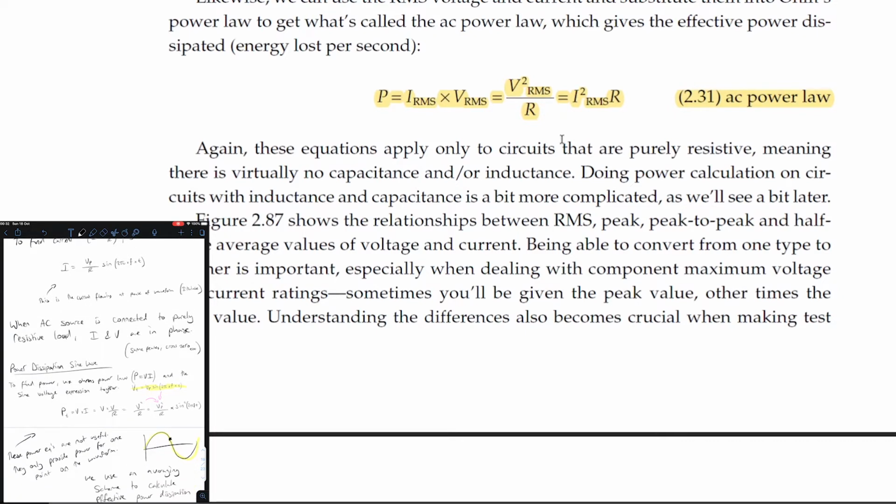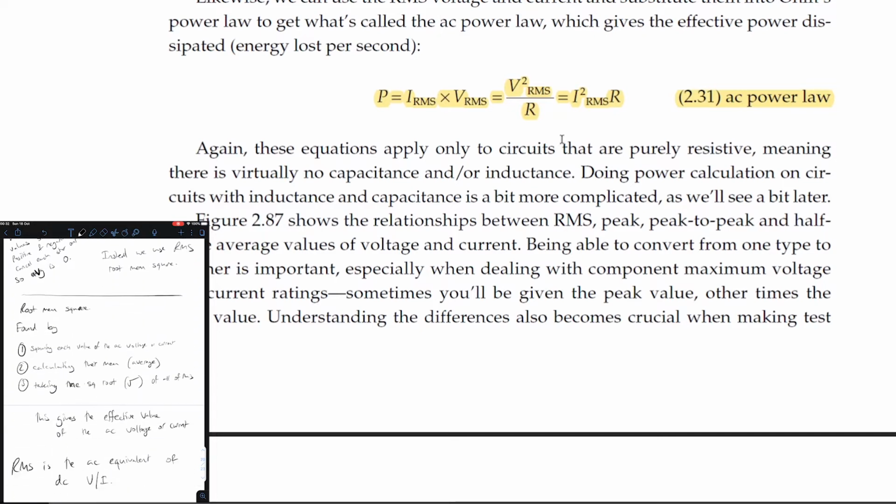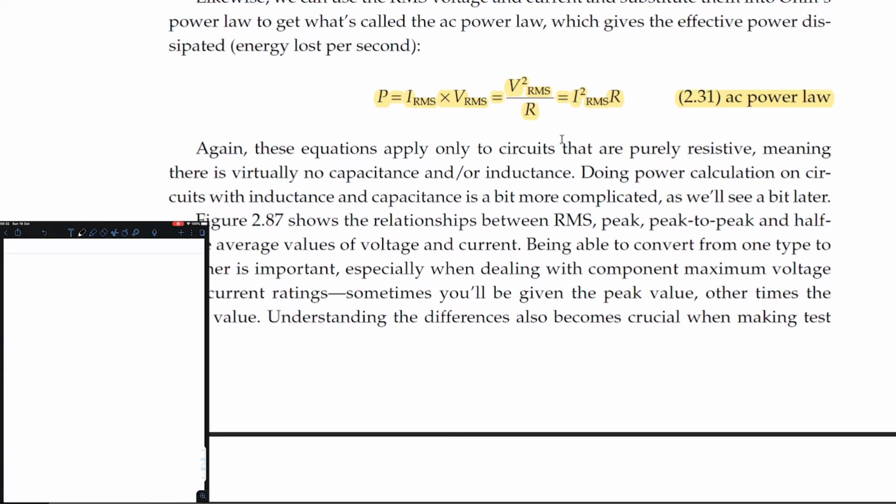It doesn't have capacitors or inductors. So let's write that down. So purely resistive load is equal to no capacitance or inductance. Okay. So these equations only apply to circuits that are purely resistive.